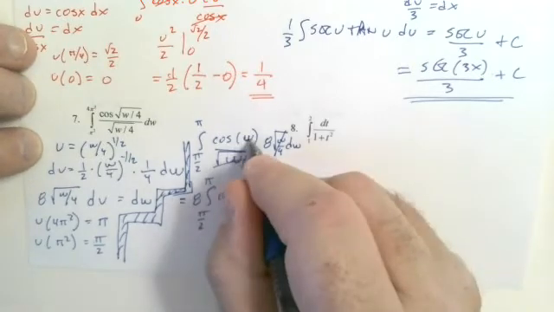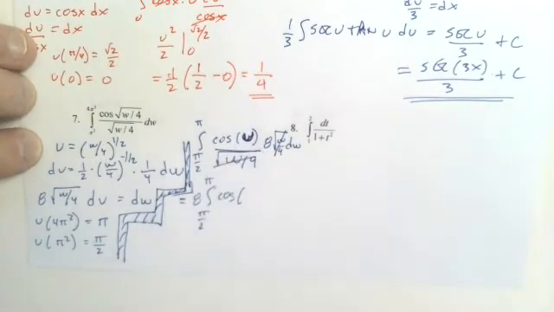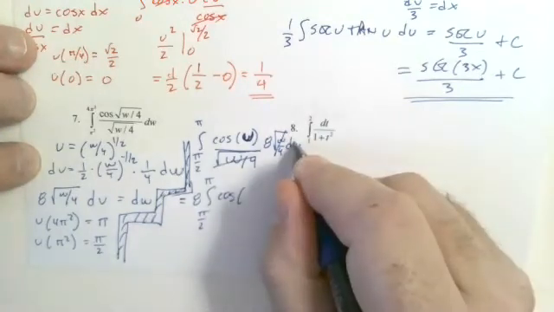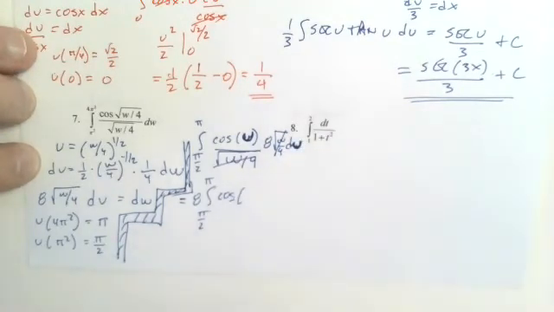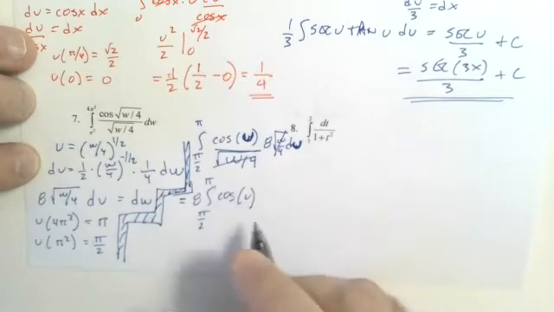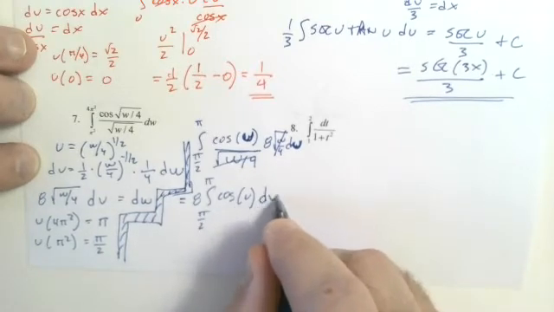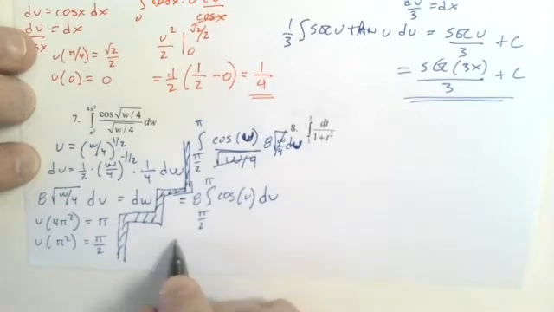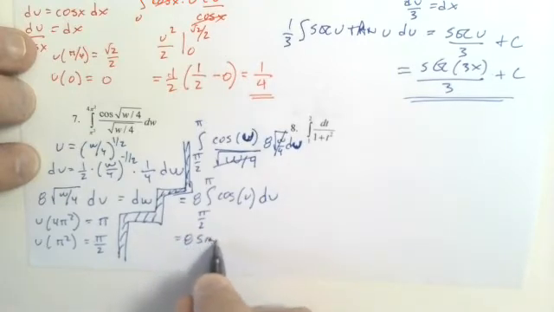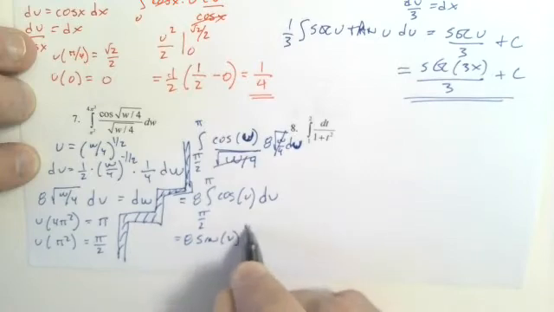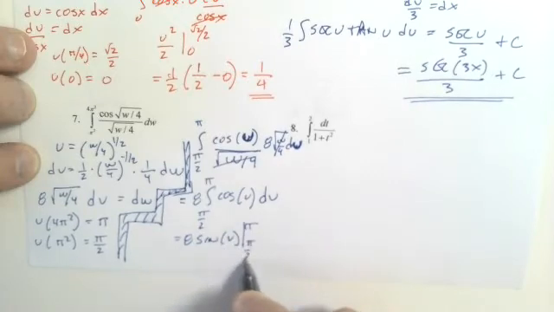No, that's a u. What am I thinking? That's a u over here. Good. Cosine of u, see how easy it is to get confused. That's just 8 sine of u from pi over 2 to pi.